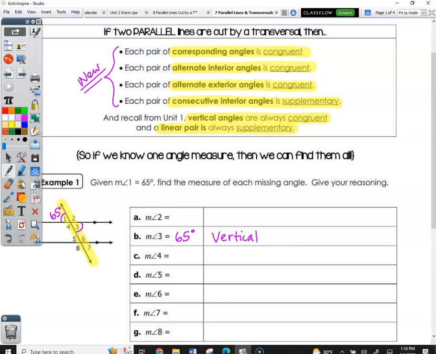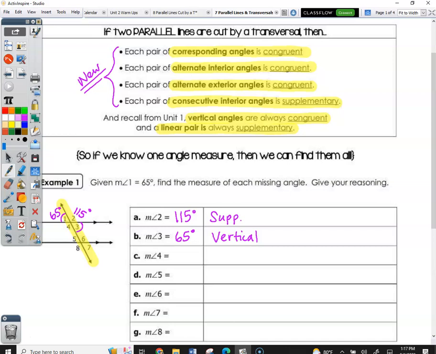Okay, and then you can come back and say if 1 is 65, 2 would be, and how do you get that? Supplementary. They are a linear pair, which means they are supplementary. If you want to abbreviate supplementary, you can put supplementary or you can put linear pair right there.